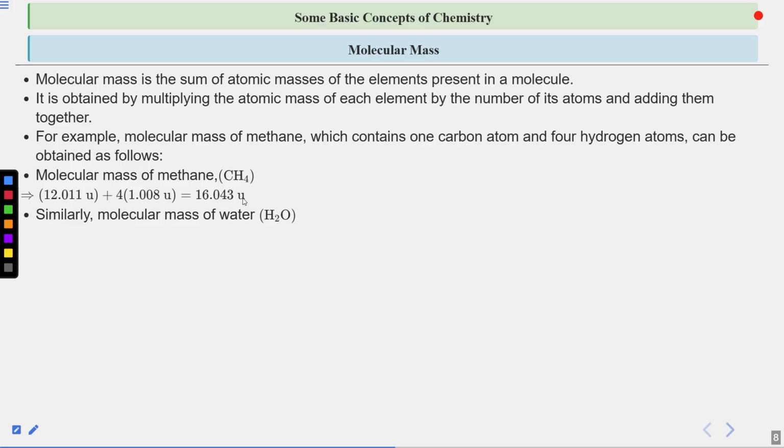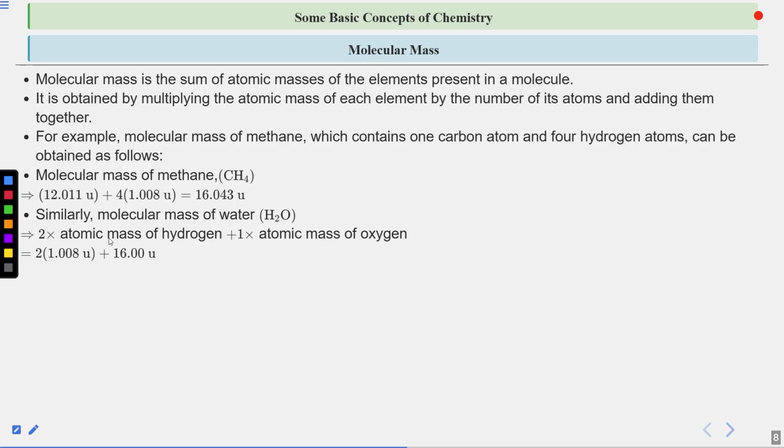Now, the same calculation can be done for water also, which has 2 hydrogen atoms and 1 oxygen atom. Therefore, 2 multiplied by the atomic mass of hydrogen plus 1 multiplied by the atomic mass of oxygen.